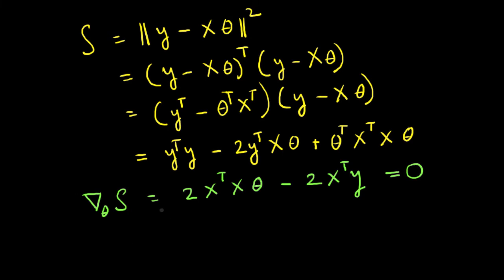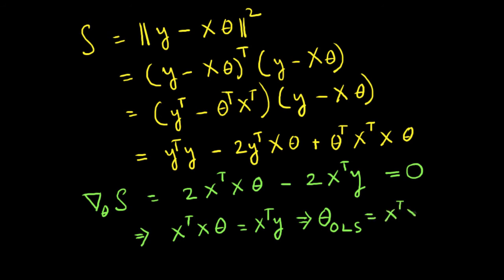So now when we equate this to 0, what we get is that X transpose X theta is equal to X transpose y, and that gives us theta OLS, where OLS stands for ordinary least squares. This is equal to (X transpose X) inverse times X transpose into y.